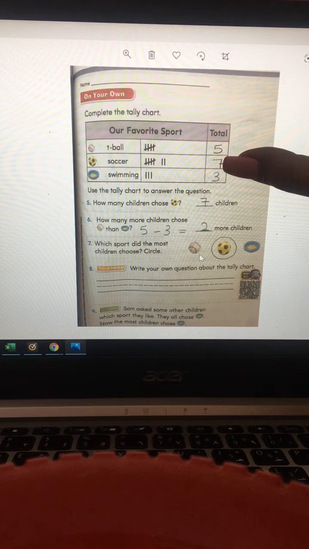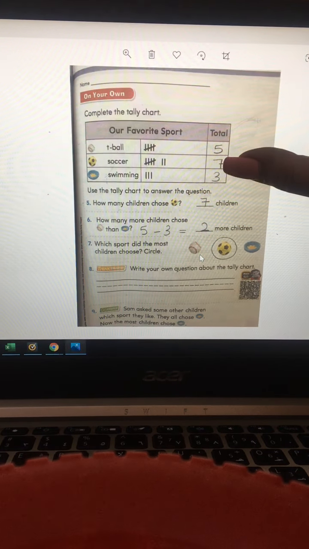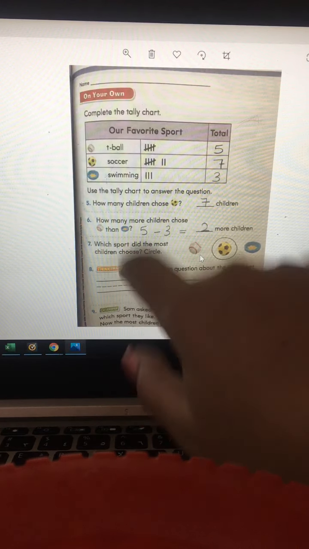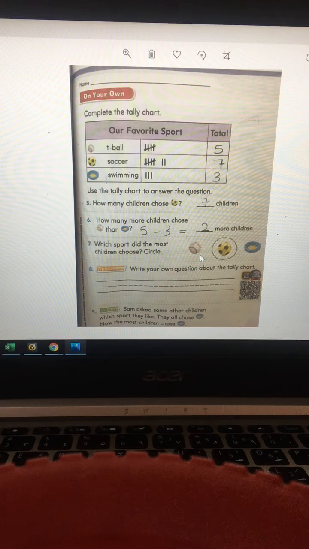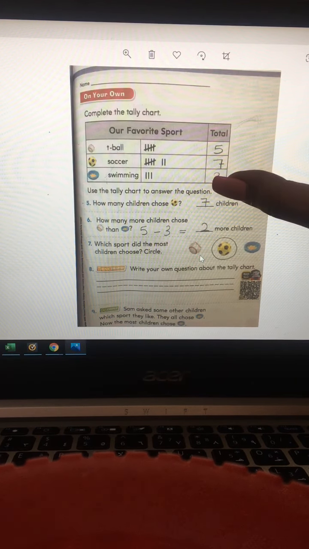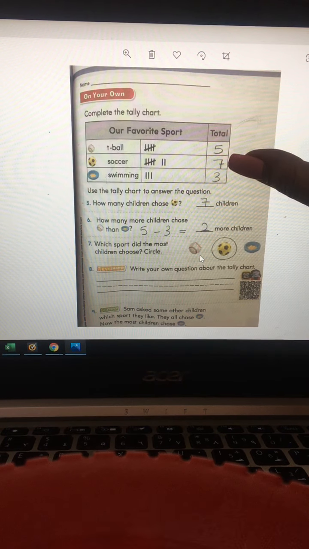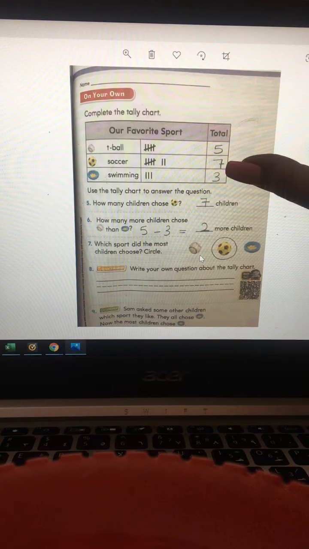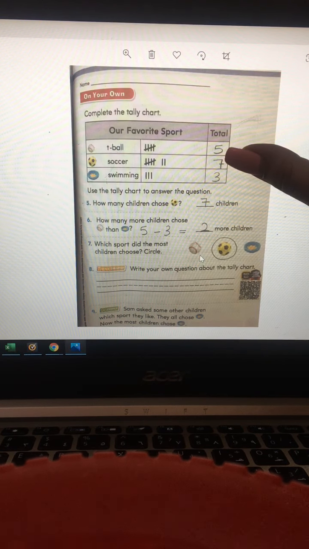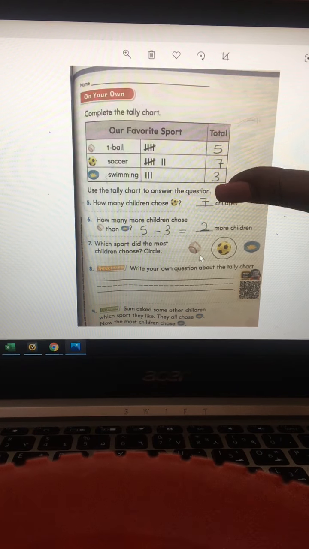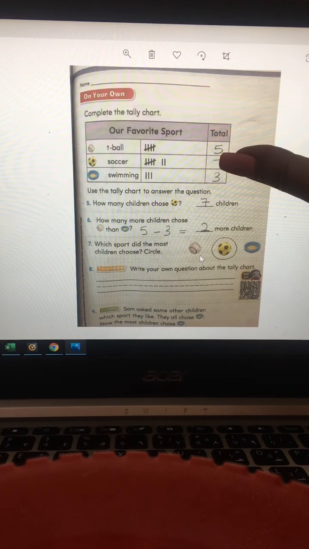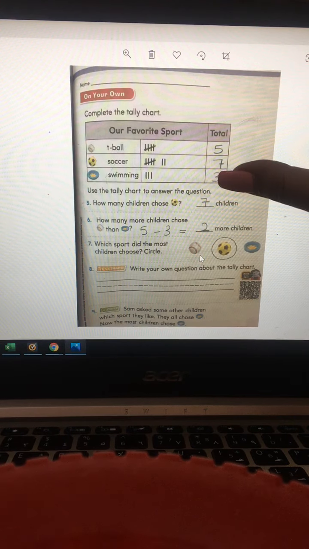We are going to look at the biggest number, because most means the biggest number of children who chose the sport. The biggest number is 7. Why? Because 7 is bigger than 5 and 7 is also bigger than 3.